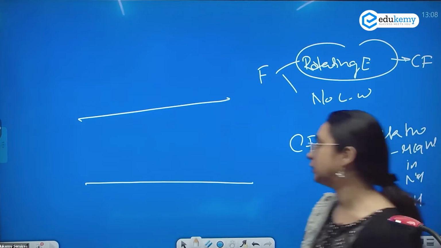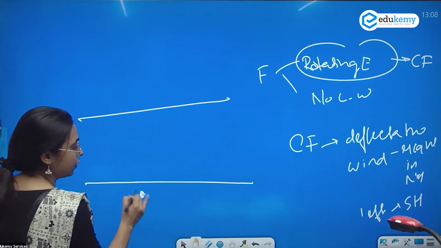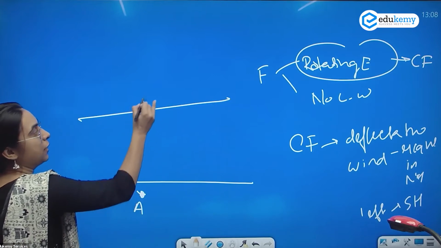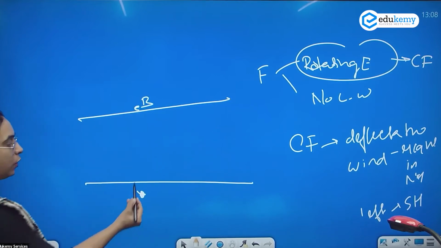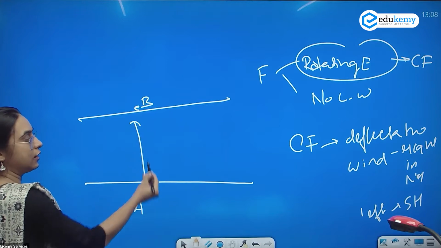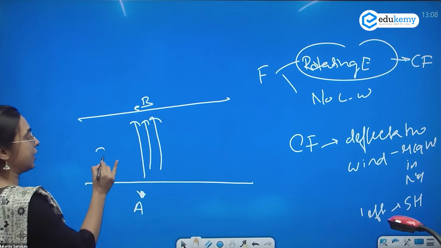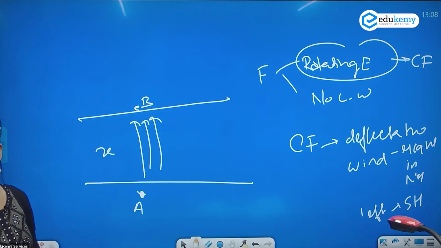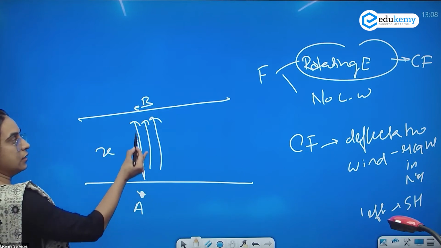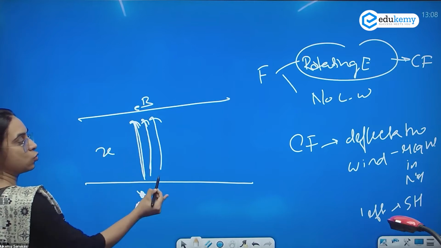Now, suppose a wind is moving from A to B. As the wind moves from A to B, the distance that it covers is let's say X. As the wind covers X distance, the wind gets cooled.